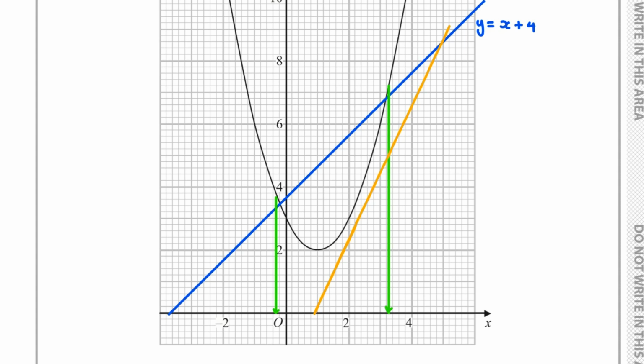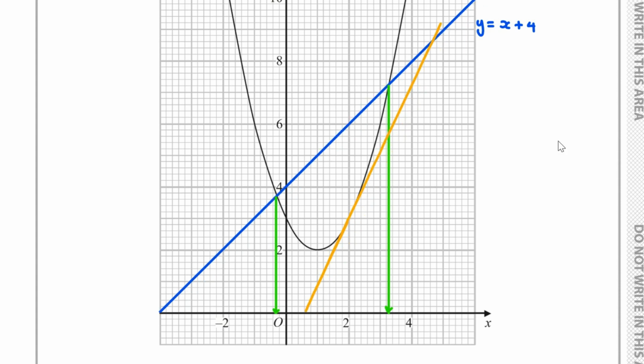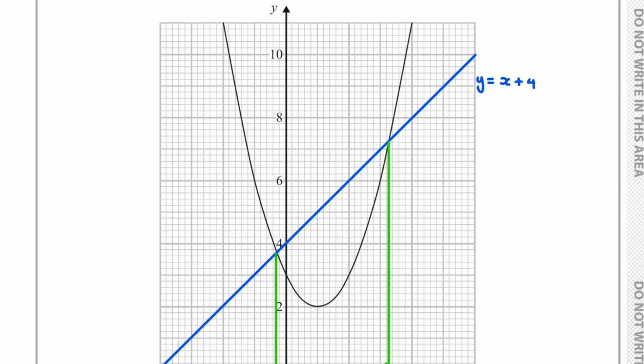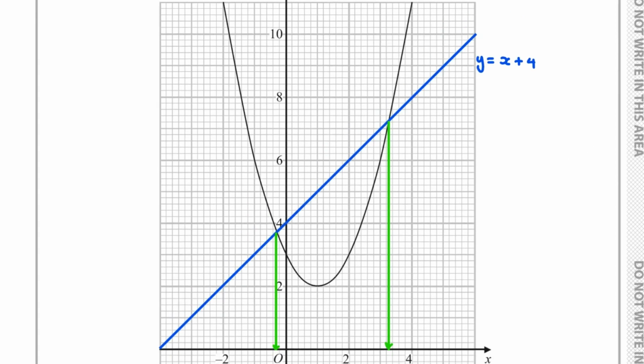Let's just draw it again more neatly. It looks something like this, and I need to find the gradient of this line over here.